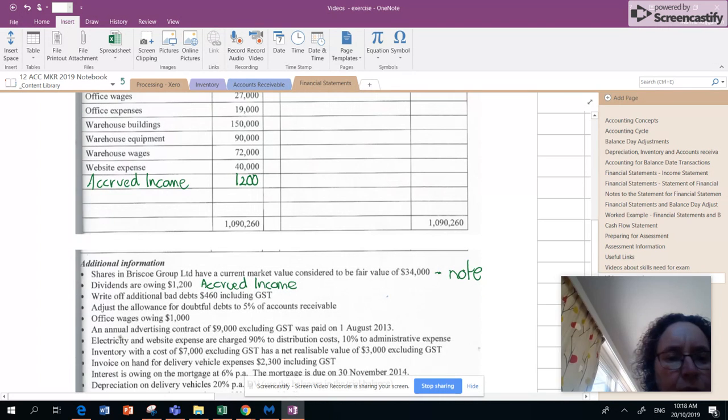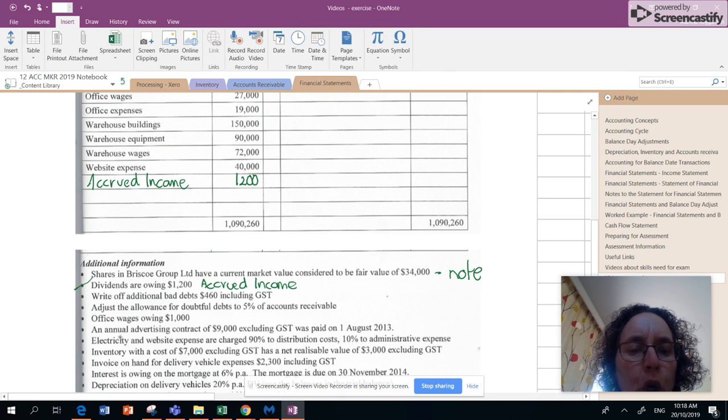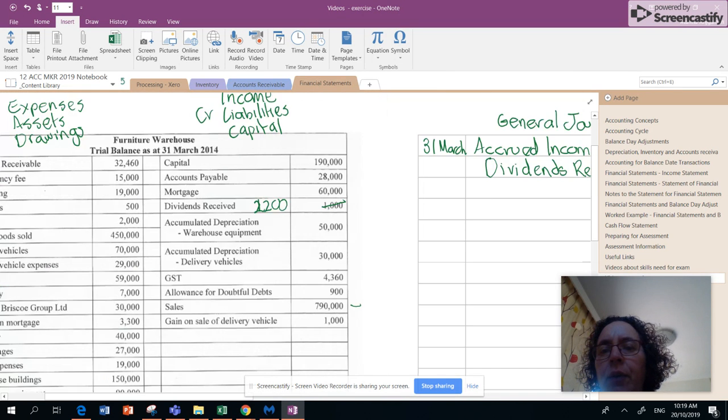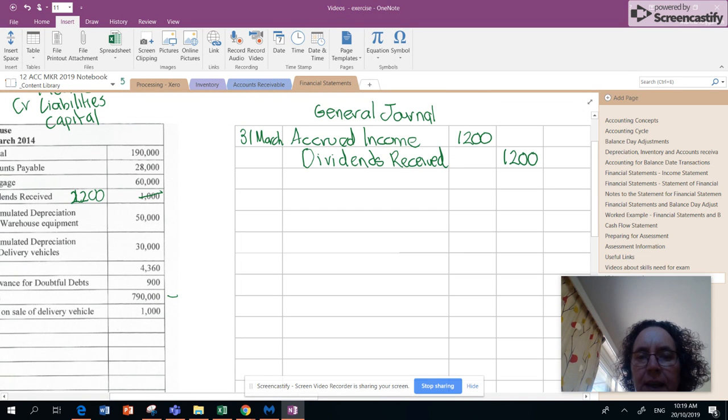Okay, right, that's the first one done. Now we've got write-off additional bad debts for $460, including GST. Right, so we know that bad debts is going to affect our accounts receivable, and it's also got GST in it. So 31 March, bad debts is going to be our debit because it's an expense.